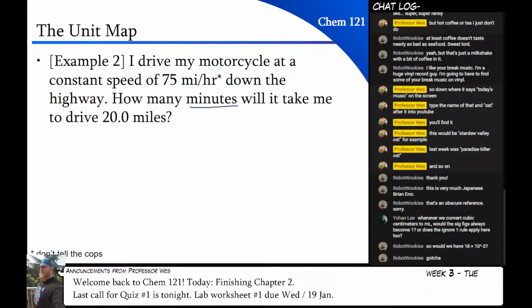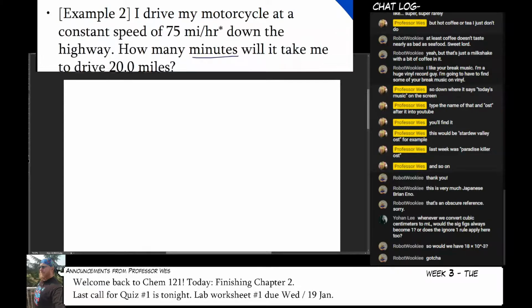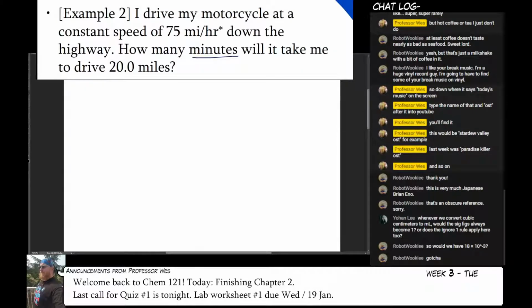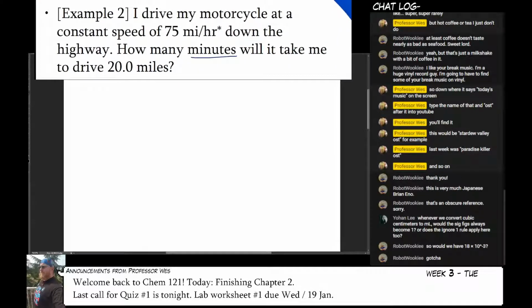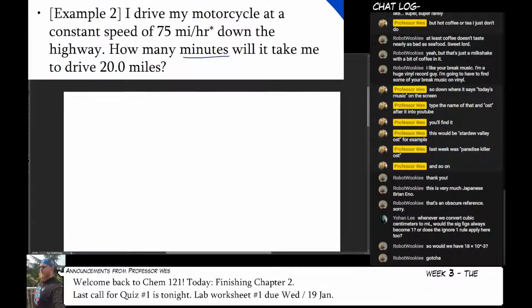All right, let's go over the answer to this and see if we can find a logic to solving this problem, because it has a kind of weird conversion in there. Like, I have a speed and a distance. How do I relate these two things together? There we go. So I want to look at this right here, first of all. 75 miles per hour.